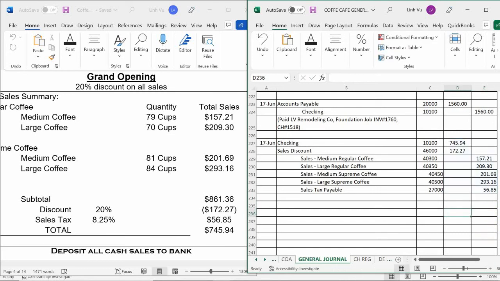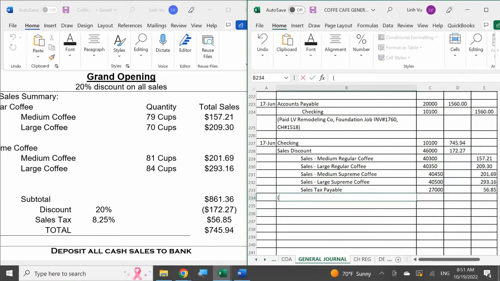Okay. So what would be your description here? I would put sales to Katie Carter. This is not sales to Katie's Corner because we're not selling to her until the 19th. You would put sales order number.